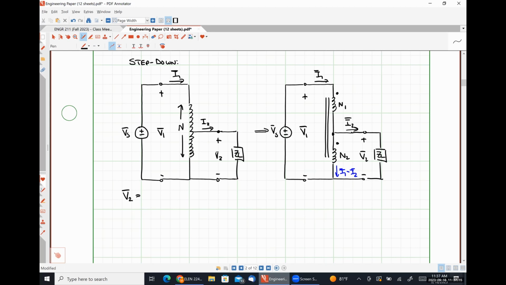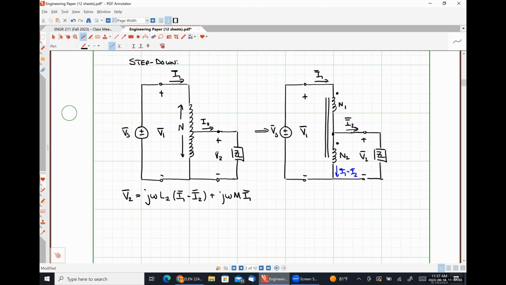So I think it should be j omega times L2, whatever the inductance of that bottom half is, times the current I1 minus I2, plus j omega M. What's the current flowing through our first coil? Just I1. Right?